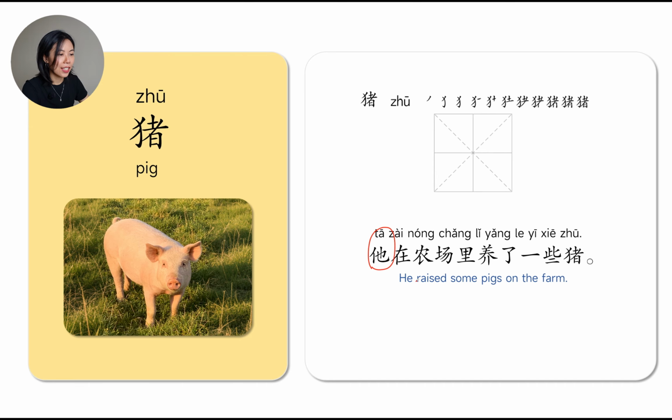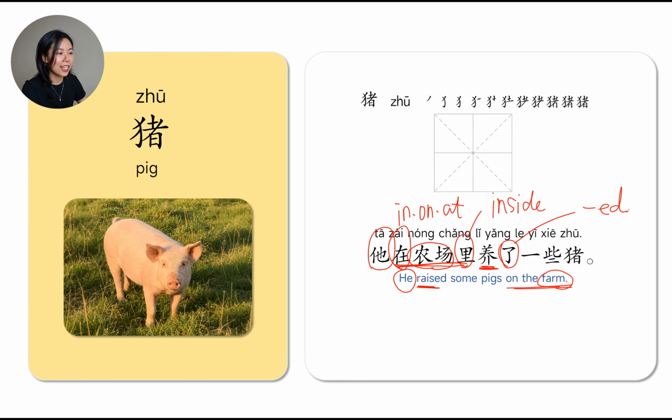他 he, 在 is in, on, at. 农场 farm. 里 inside. So 在农场里 on the farm, in the farm. 养 is raise. 了 is the past tense in Chinese, right?